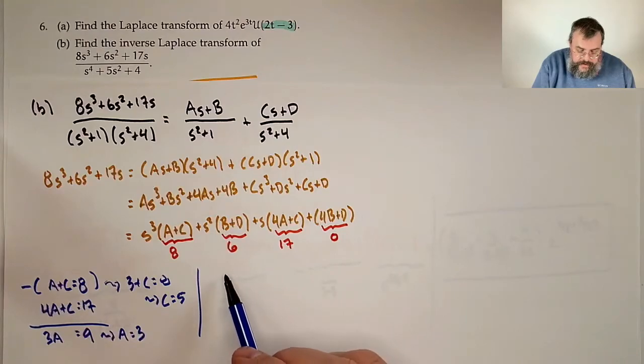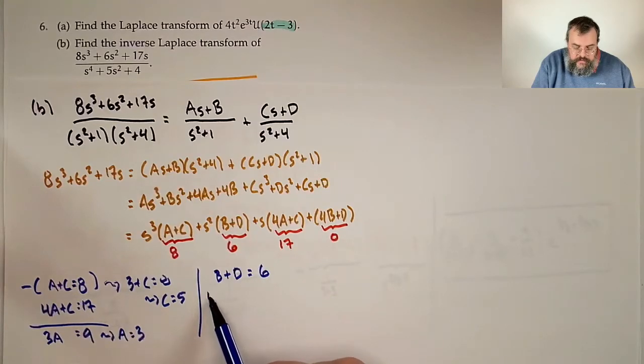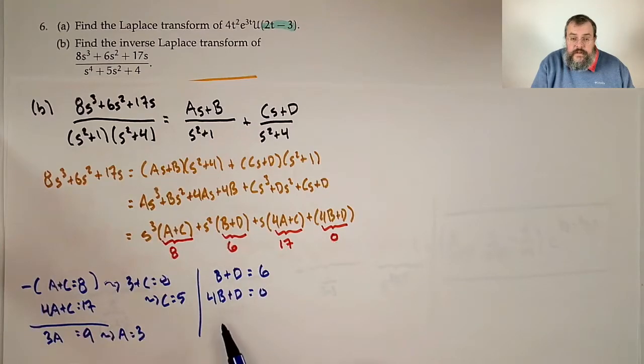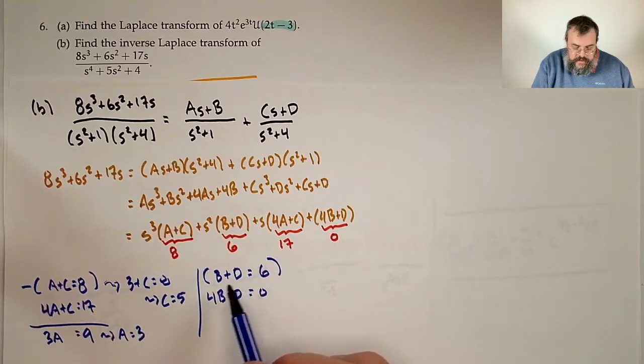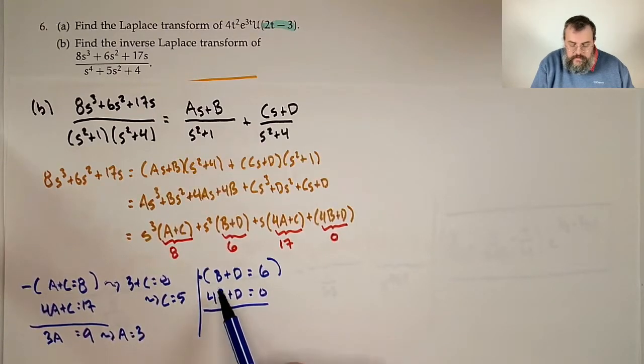On the other hand, we say, look, b plus d, that has to equal 6. 4 times b plus d, that has to equal 0. Well, now, again, imagine you subtract the first one from the second one. 4b minus b is 3b, and these cancel, and 0 minus 6 is negative 6.